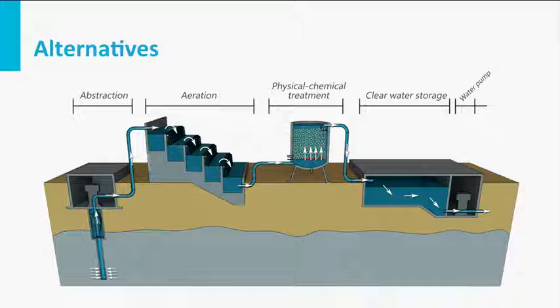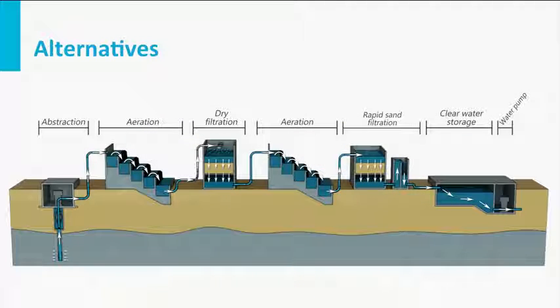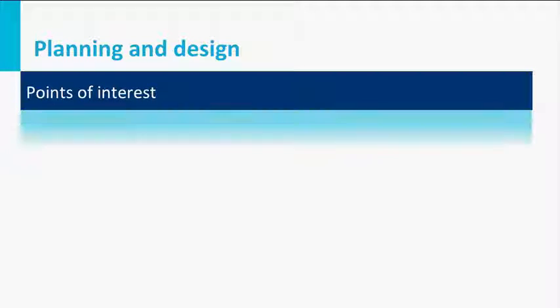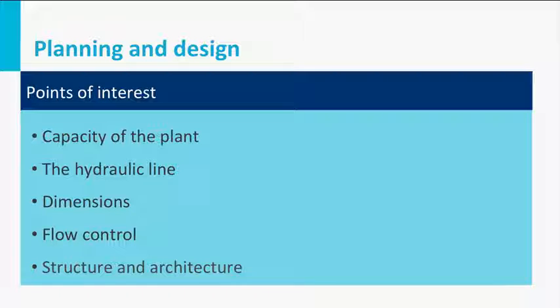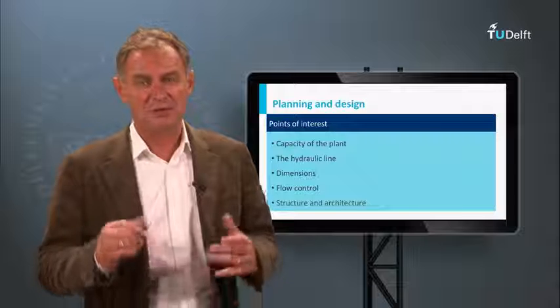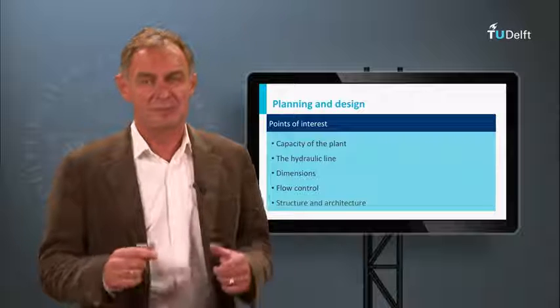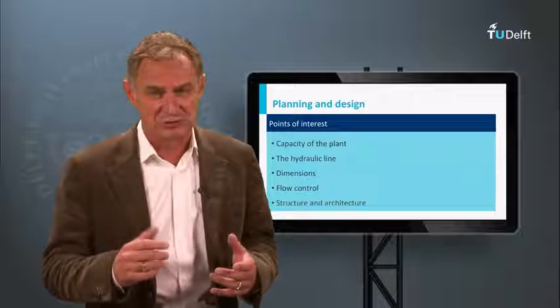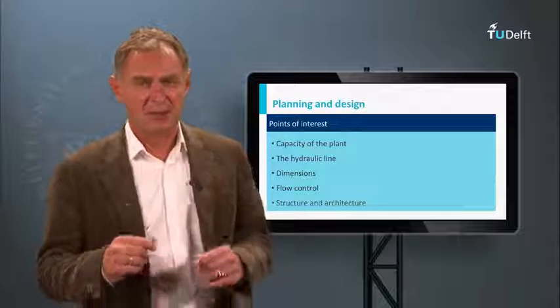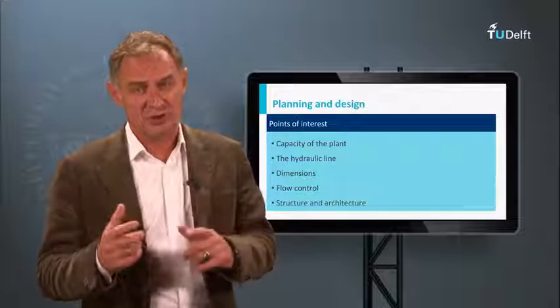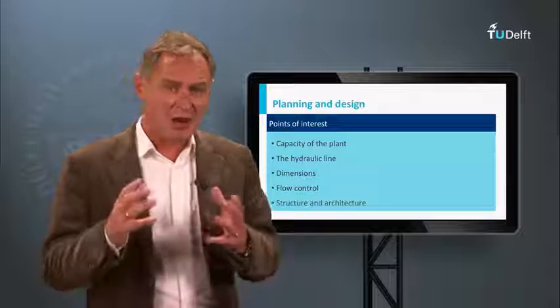After choosing the most promising alternative, the treatment process has to be further designed, looking into capacity of the plant, the hydraulic line, dimensions, flow control, and structure and architecture. The different aspects of the design are represented in so-called design schemes. The approach is multidisciplinary, involving process, civil and mechanical engineers and architects.